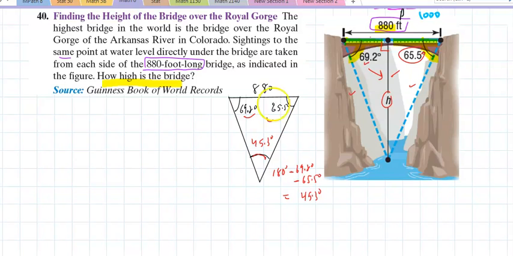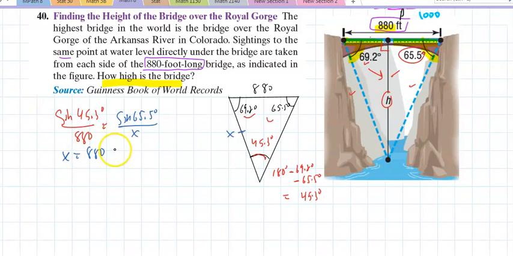Now, can't I use the sine of 45.3 degrees to 880 to figure out either side? Let's say that side. Can't I say that's the sine of 65.5 degrees divided by, call it x? Wouldn't that mean x equals 880 times the sine of 65.5 degrees divided by the sine of 45.3 degrees?